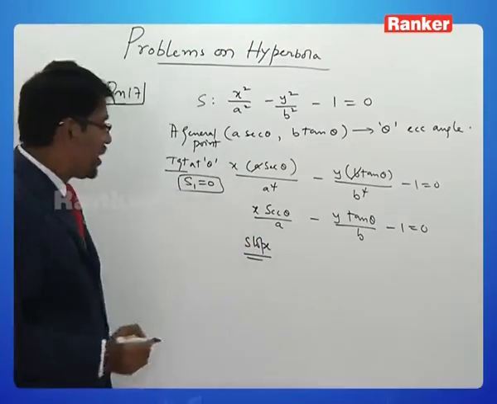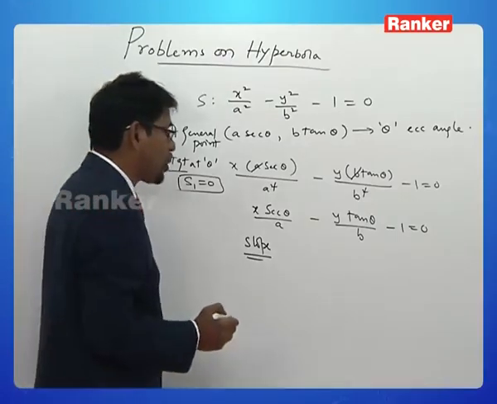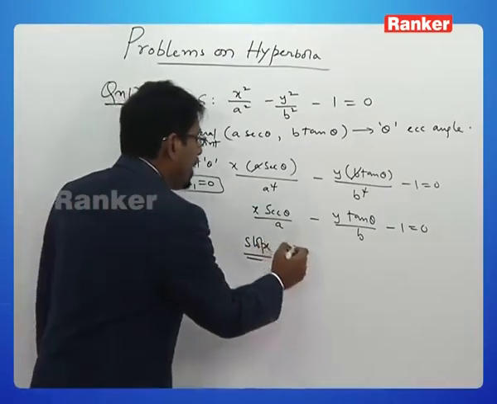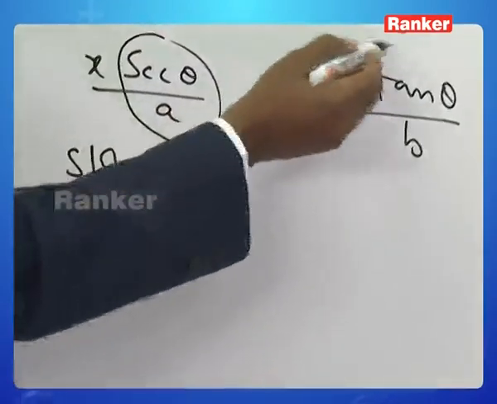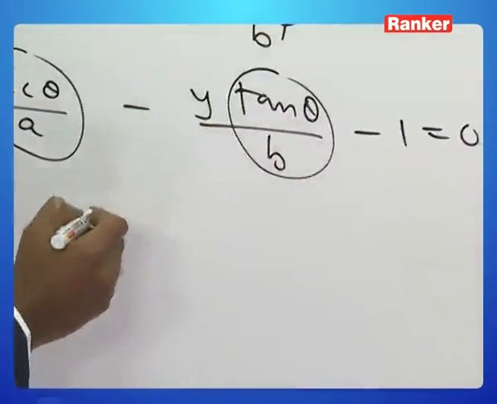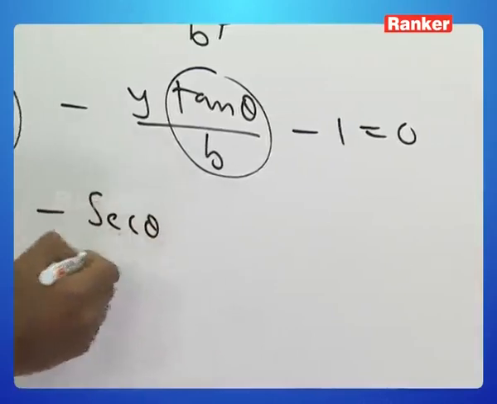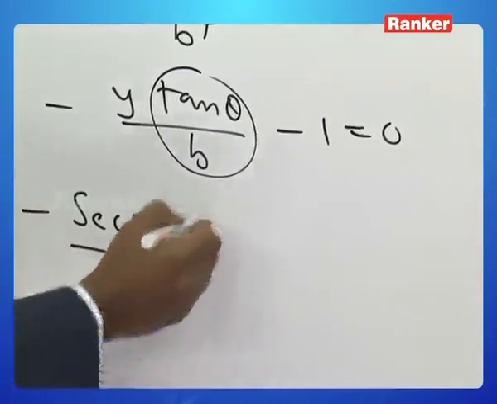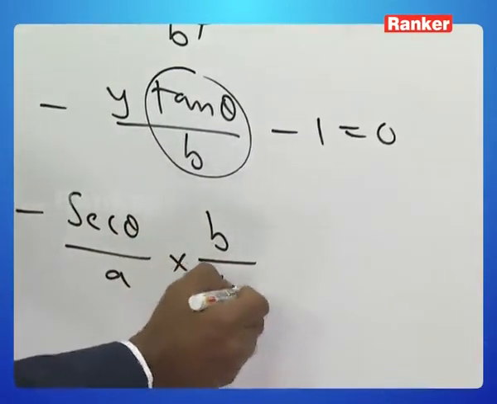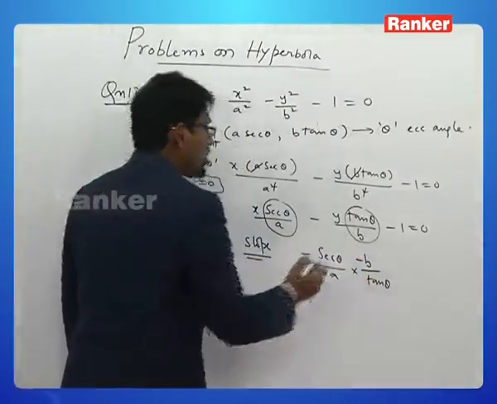Slope here: minus of the coefficient of x by coefficient of y. So minus of secant theta by a into b by tan theta, with a minus sign.